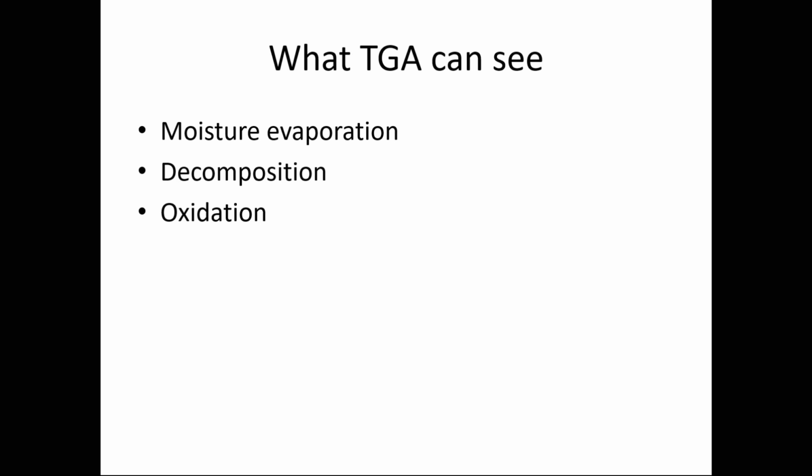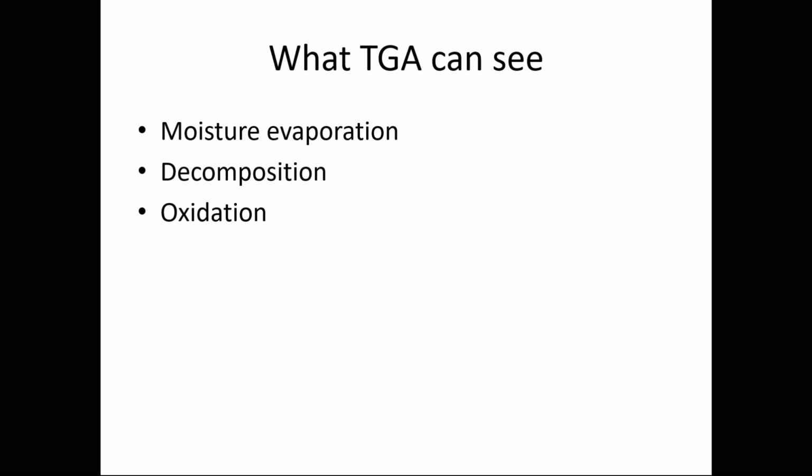TGA could be used for many applications, and one of them is moisture content or moisture evaporation. If you are analyzing your samples by TGA, then you could estimate how much moisture is present in your sample, because when water present in your sample evaporates, it will happen around 100 degrees.